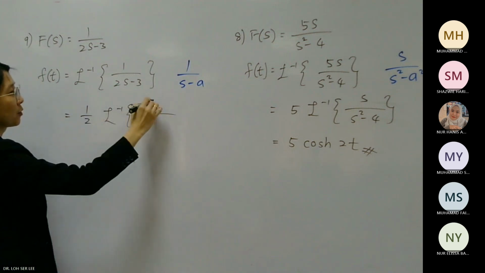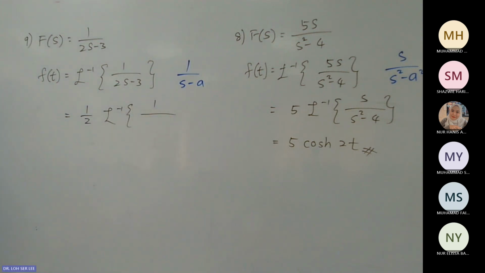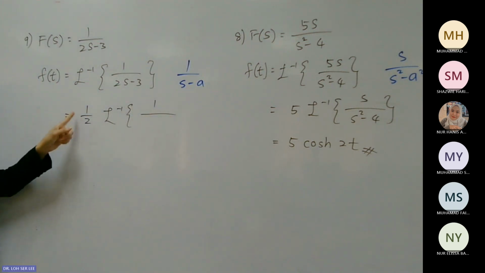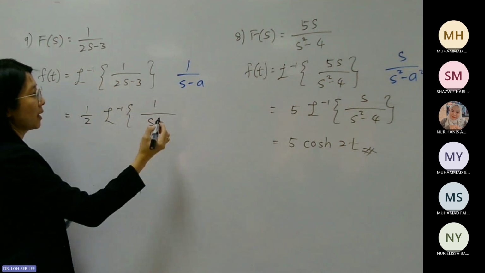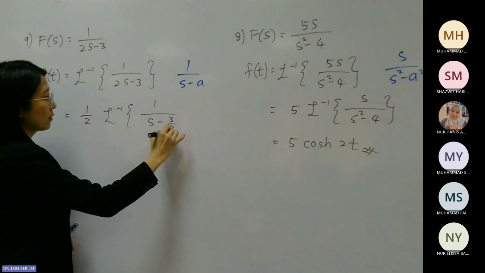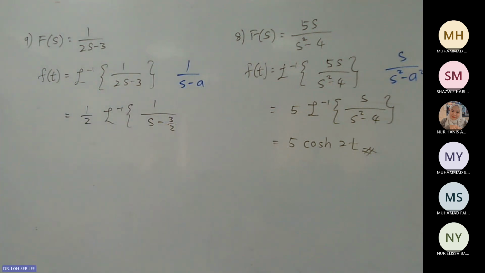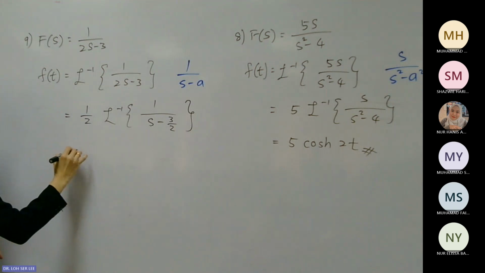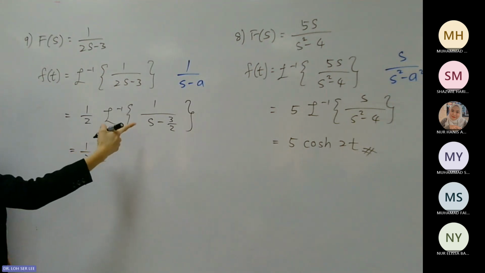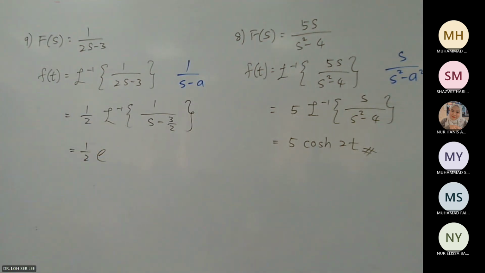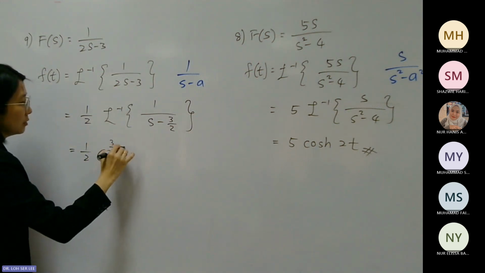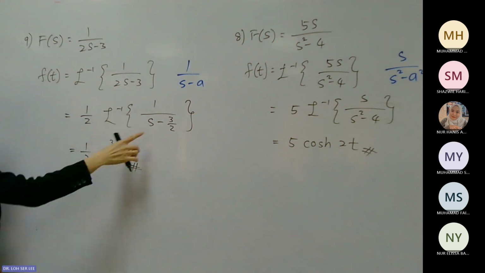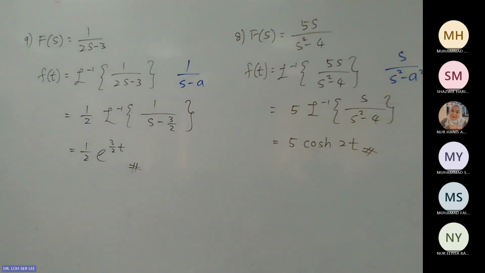After you take out the 1 over 2, what do you have? s minus 3 over 2. Correct. Then 1 over 2 e to the power of 3 over 2 t. Your a is 3 over 2.